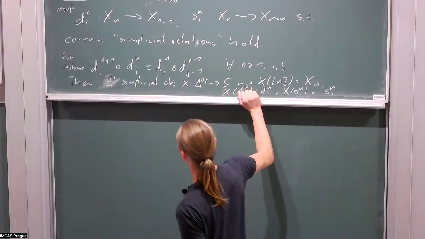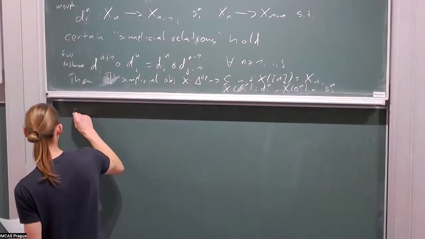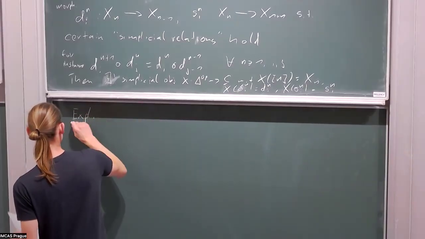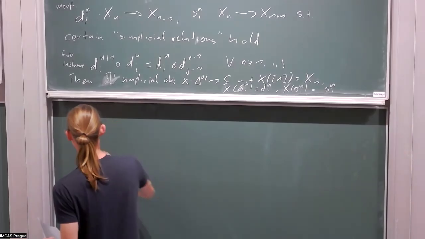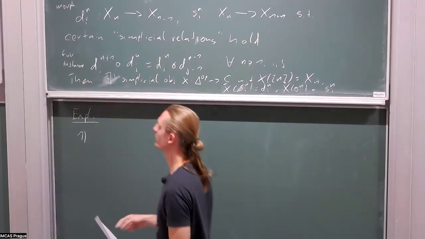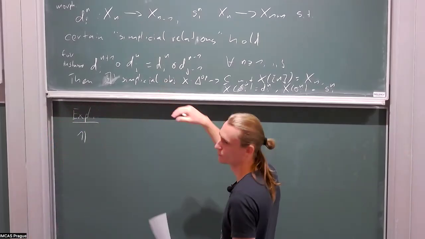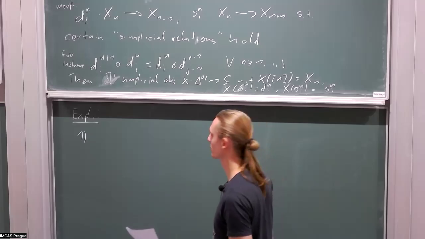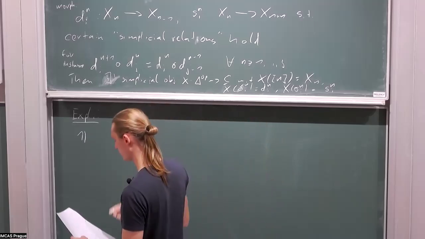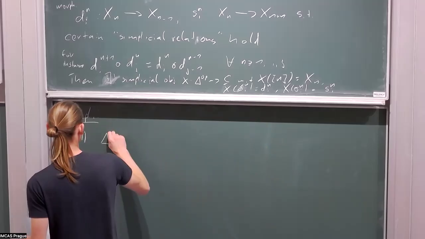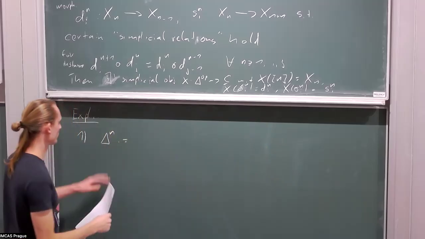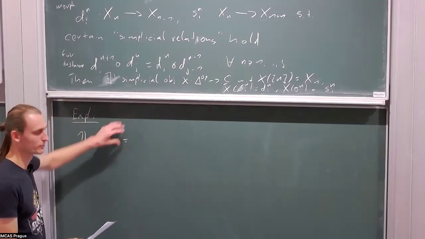Okay, now let's look at some examples. If you know some category theory, then the easiest functors from a category to sets you can write down are Hom functors. And so you use these functors to define the standard n-simplices.